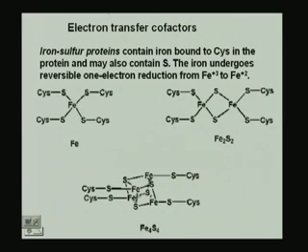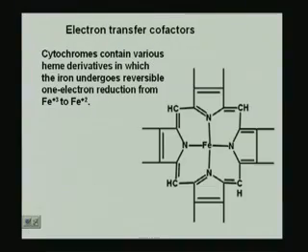We have a system that can take in an electron, and once Fe3+ does take in an electron, it will convert itself to Fe2+. But we have to remember that when we are considering enzymes, what do we need? We need a system that is going to get it back to Fe3+, right, because it cannot just stop after one particular reaction.